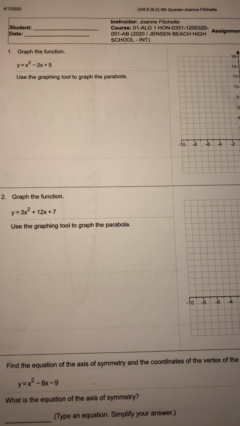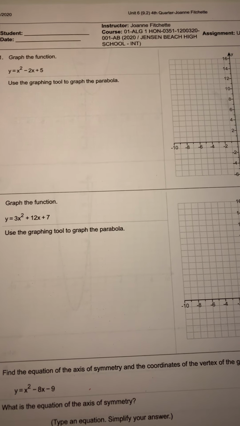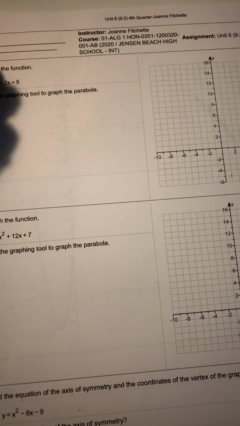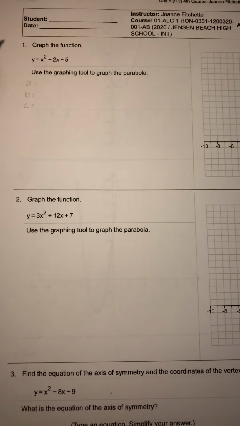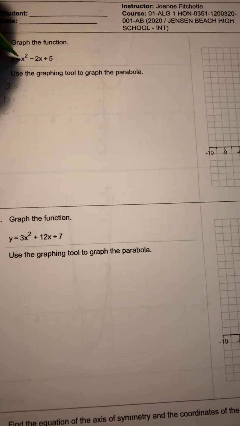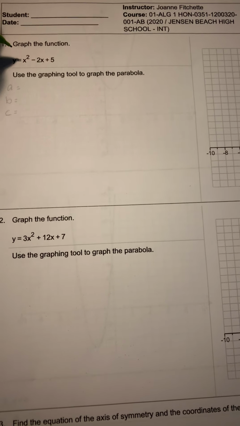So we're supposed to graph the function y is equal to x squared minus 2x plus 5. Well, the first thing I wanted you to do was see if you could remember the a, the b, and the c. The a is what we call the leading coefficient, so it's the one attached to the x squared but not the x.